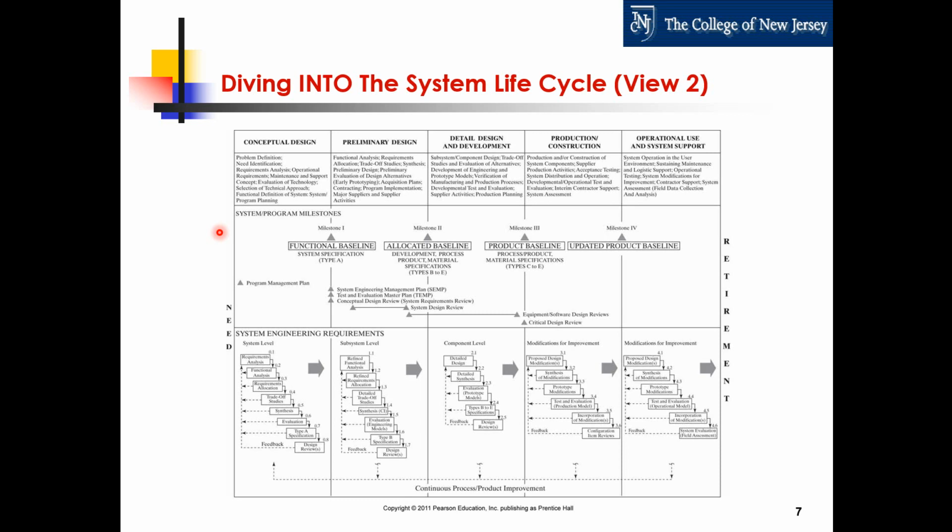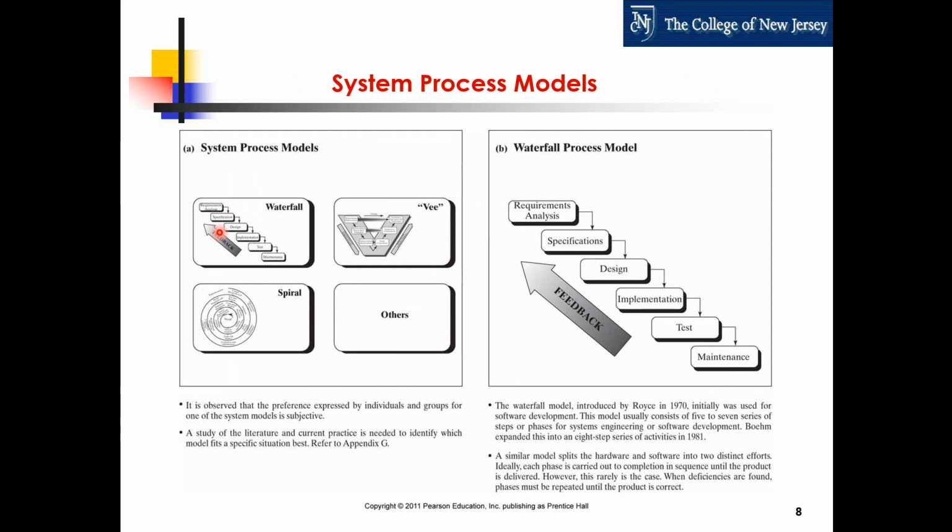So since we talked about the waterfall model, I wanted to, at this point, introduce three very popular system process models. There are many others, but three of them. You may be familiar with the waterfall, but there are others, and I wanted to go through those. Of course, everything that I say is in the book.